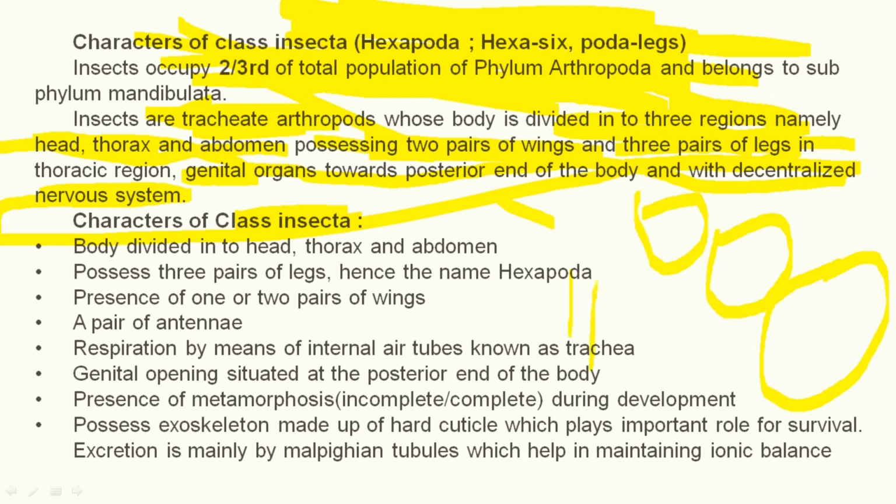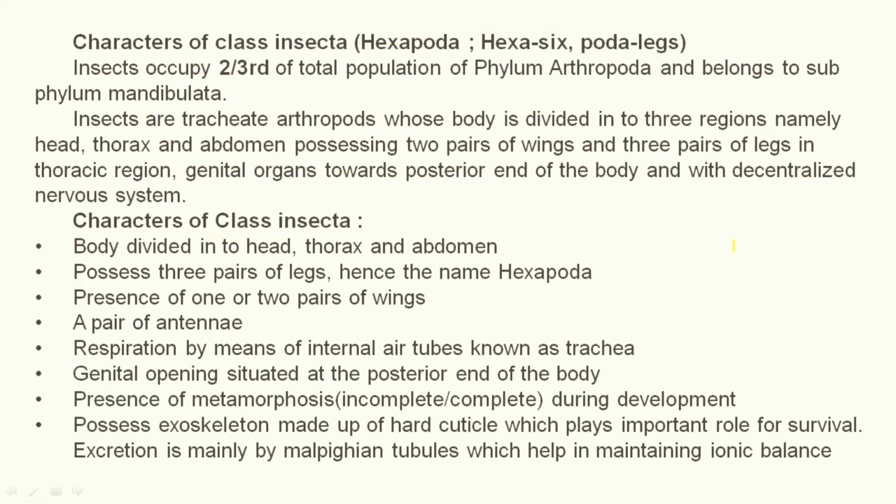Head, thorax, abdomen. Three distinct regions will be there. They possess three pairs of legs. Suppose this is the thorax, here the head is there and here the abdomen will be there.